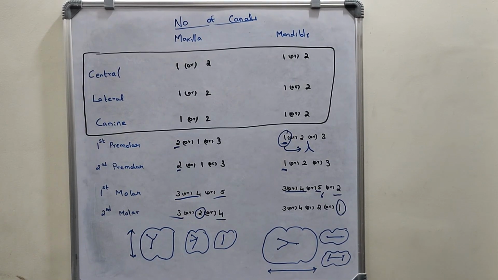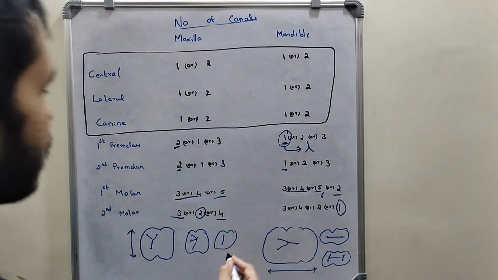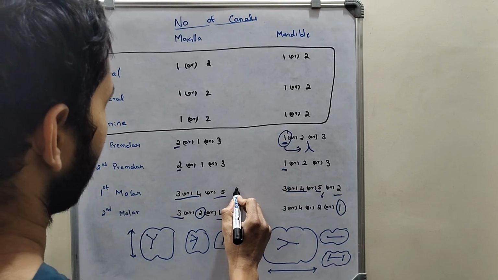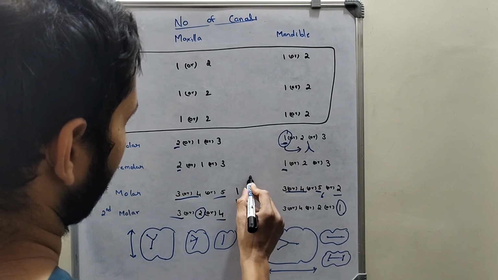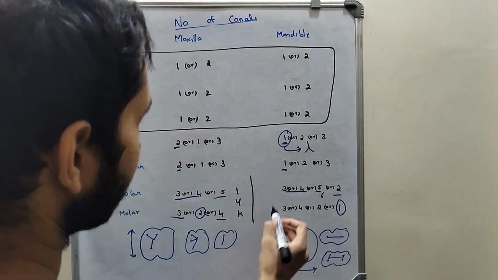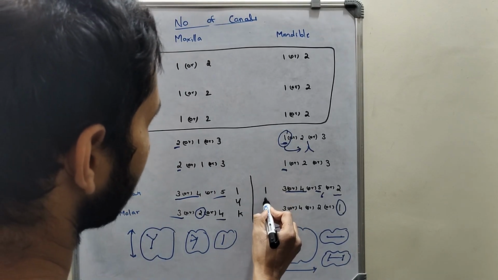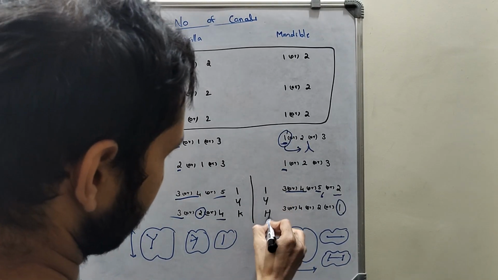So to sum it up, the configurations of the molars in case of uppers will be I, Y and K. In your lowers, it will be again I, Y and H.